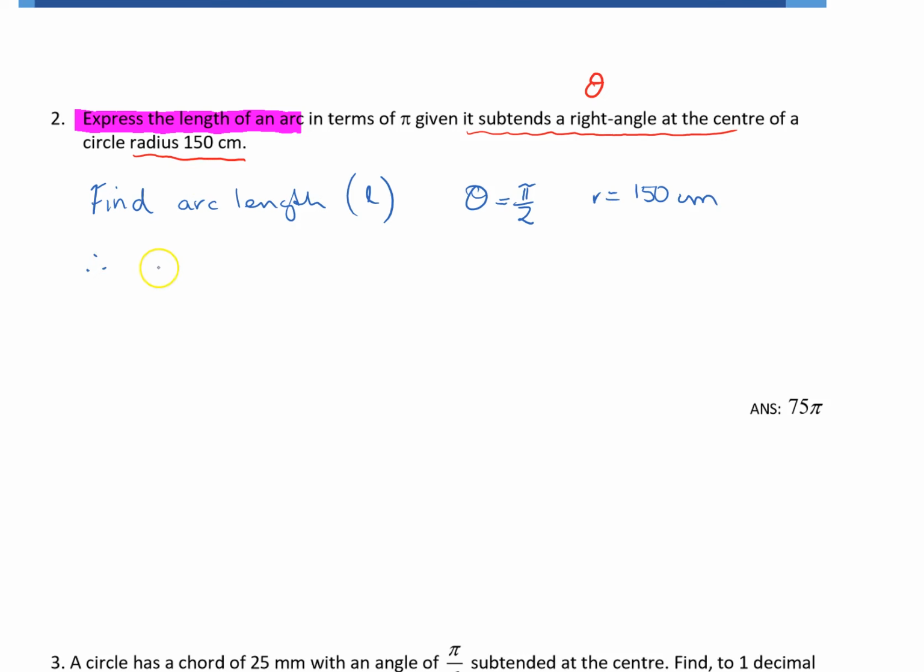Therefore, I've made the connection to the formula L equals r theta. L then is equal to 150 times pi on 2, so L is equal to 75 pi. And I've satisfied what it said in terms of pi. That means I don't need to go to my formula, and here I've got the answer, so I know I'm correct.